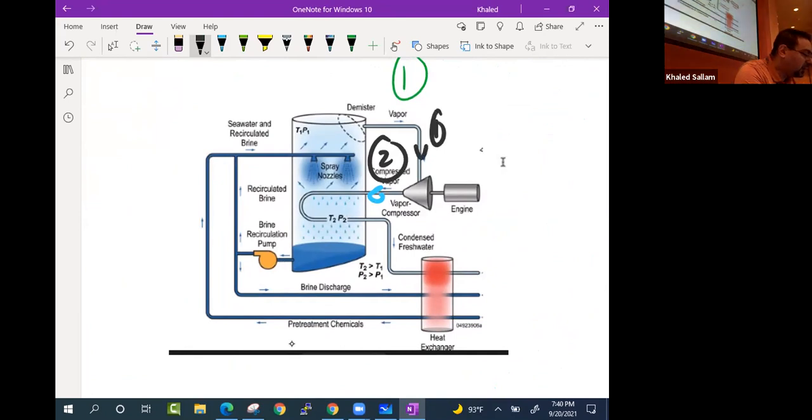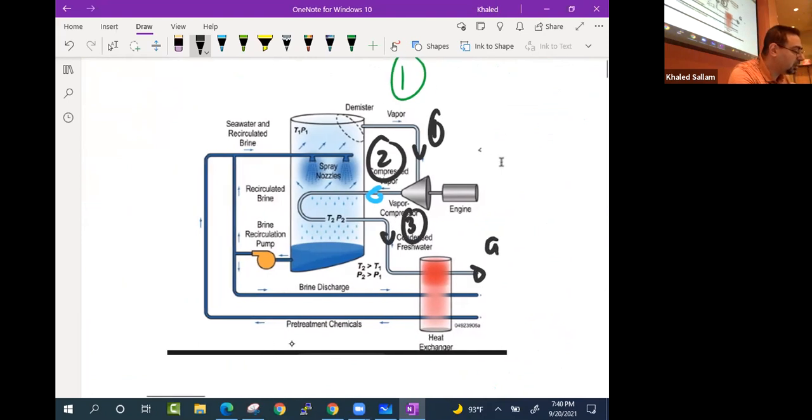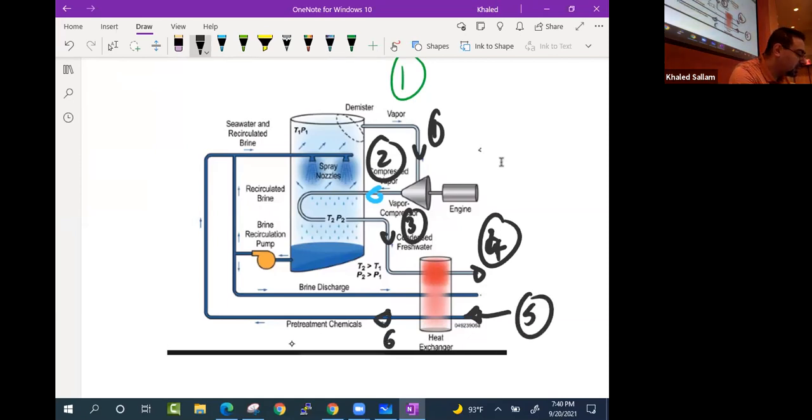And then after he goes through the cooling, the steam gets cooled by the water boiling on him. Then he becomes 3. And then he goes through a condenser and then he becomes 4. Right? And then this water coming in fresh, 5, gets heated, becomes 6.